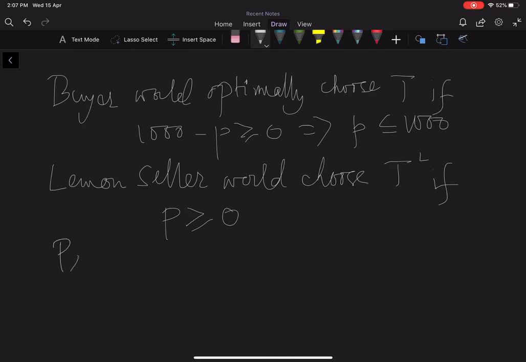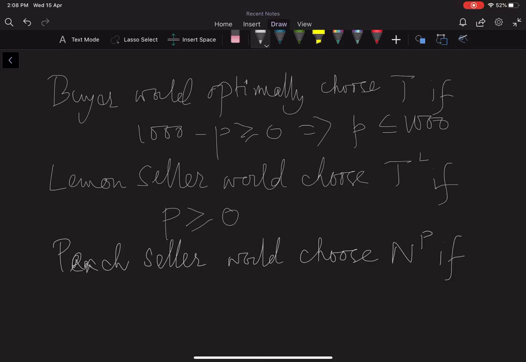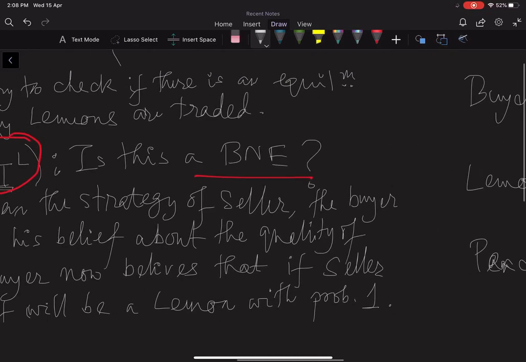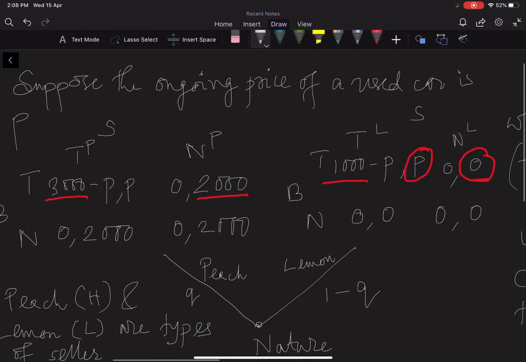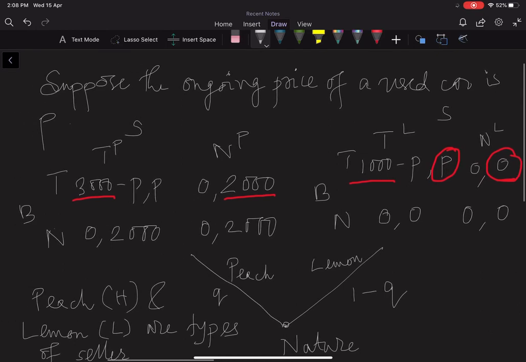The peach seller would choose no trade, because that's the strategy that I have specified, if p is less than 2000. Again, let's go back to the matrix and look at the peach seller.